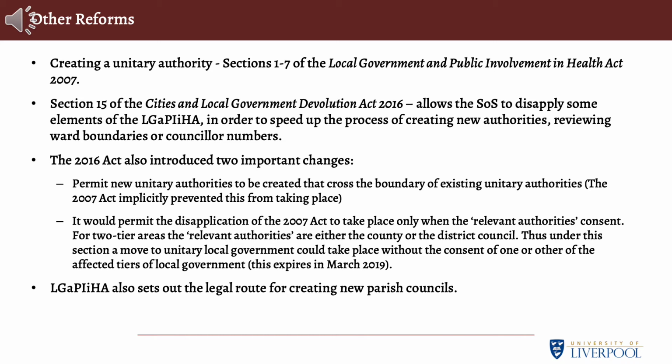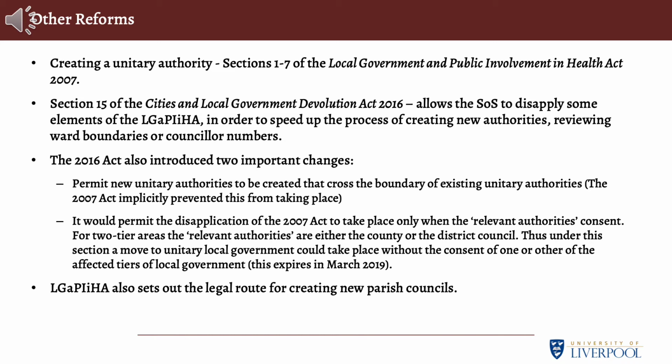We also see rules that allow unitary authorities to be created that cross the boundaries of existing unitary authorities, which was implicitly prevented in previous ones. So all the pressure is towards this process of creating unitary authorities.